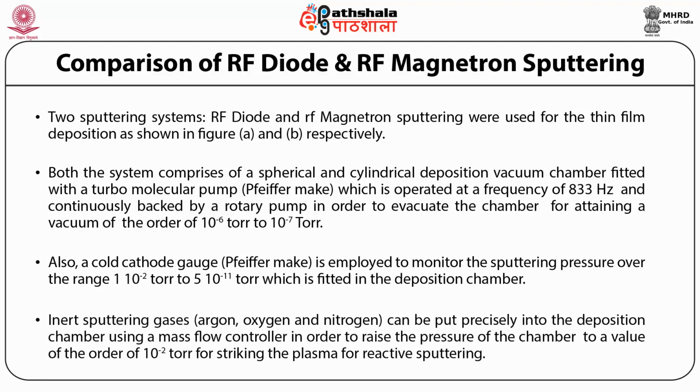Inert sputtering gases such as argon, oxygen and nitrogen can be put precisely into the deposition chamber using a mass flow controller in order to raise the pressure of the chamber to a value of the order of 10 to the power minus 2 torr for striking the plasma for reactive sputtering.